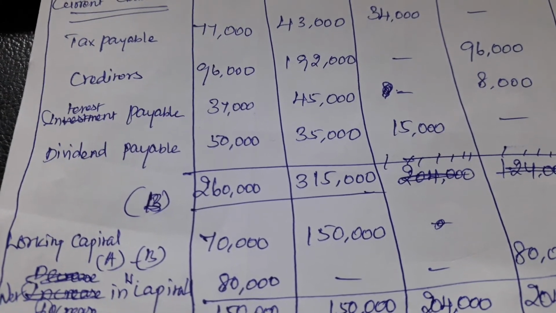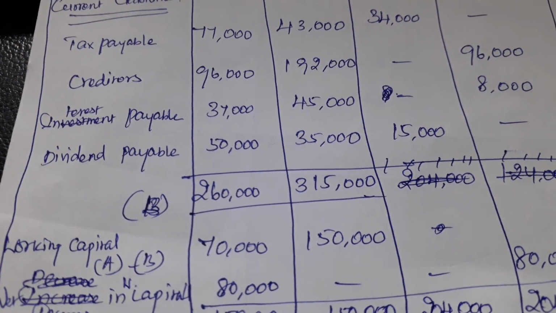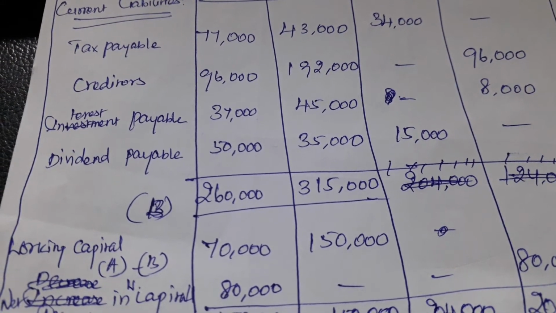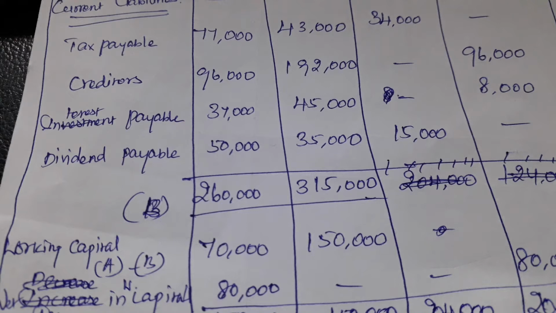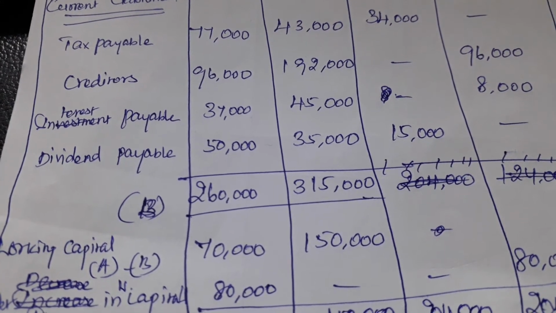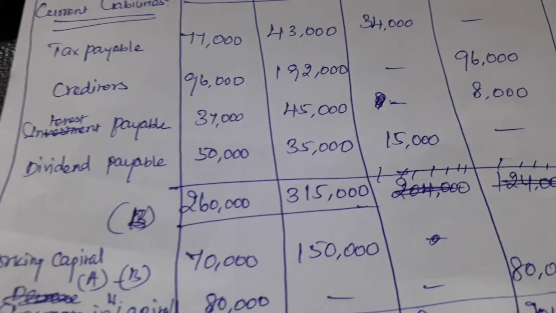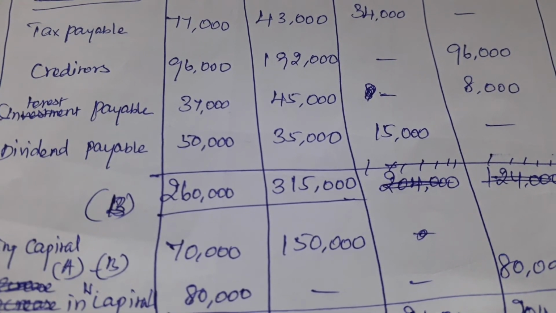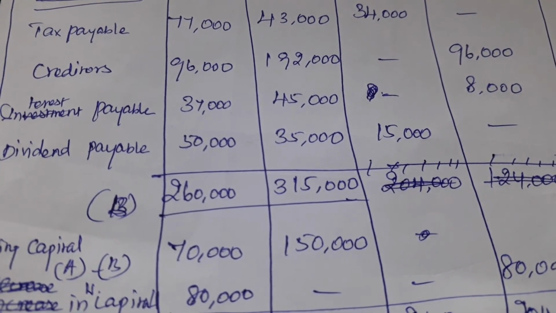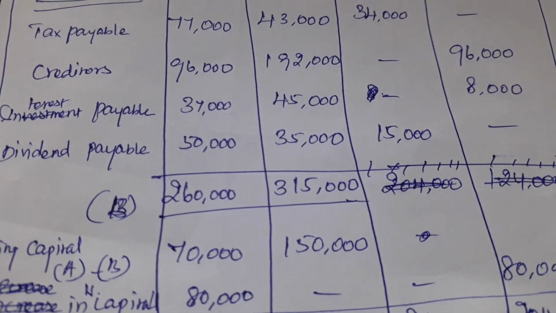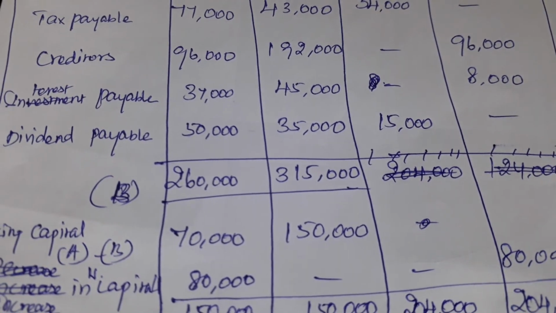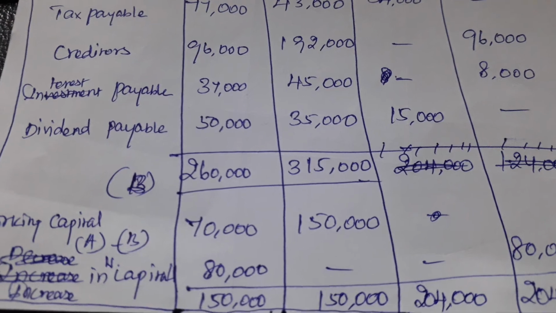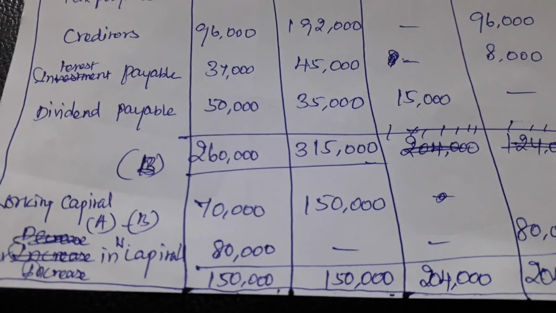Finally we have to find out the working capital. Working capital means current assets minus current liabilities. We just have to subtract the total of current liabilities from the total of current assets, so we can get the working capital.